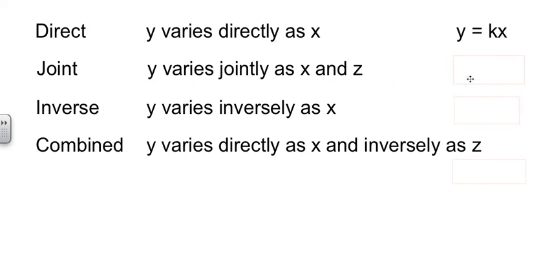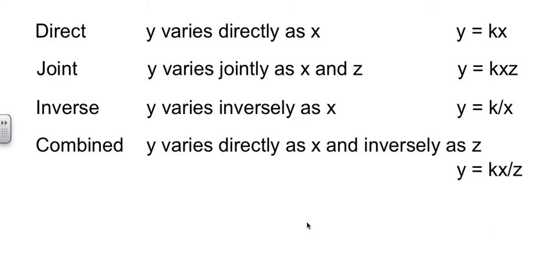When it's jointly, y varies jointly as x and z, you get y equals kxz. When y varies inversely as x, you have y equals k over x. And then for a combined variation, y varies directly as x and inversely as z, y equals kx over z.